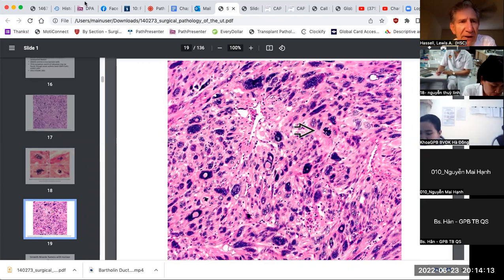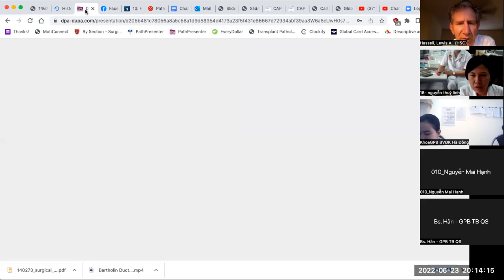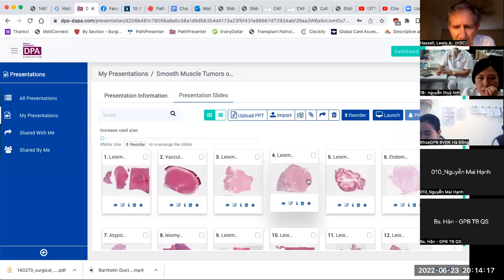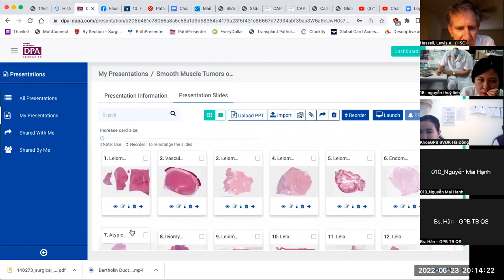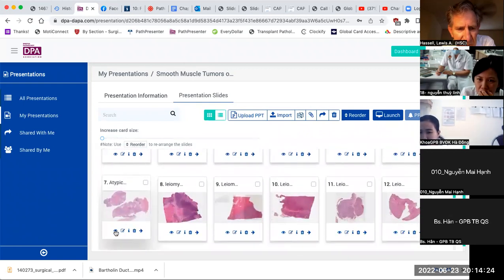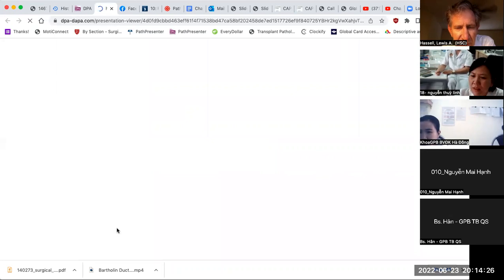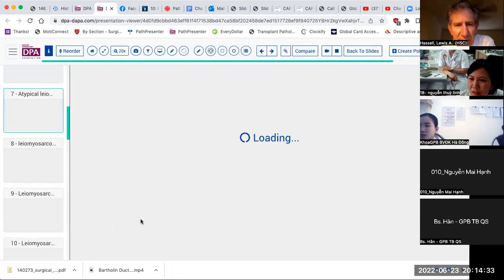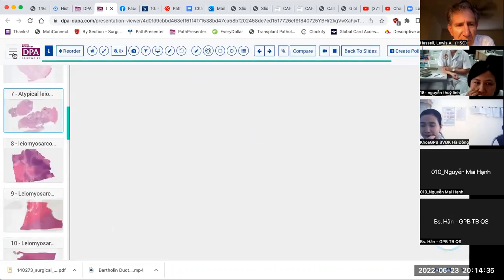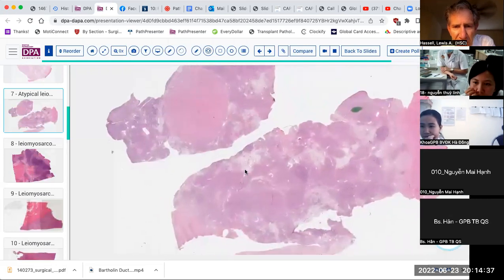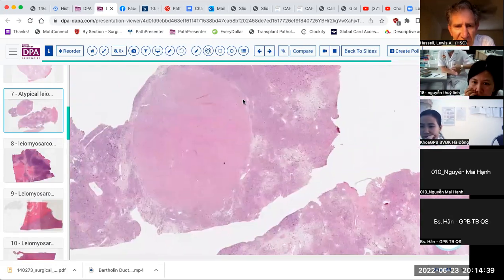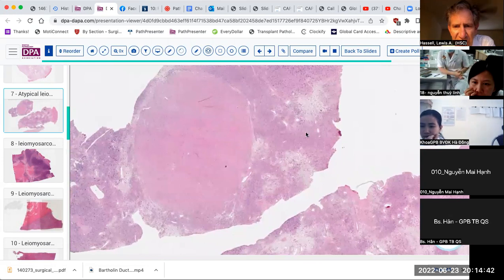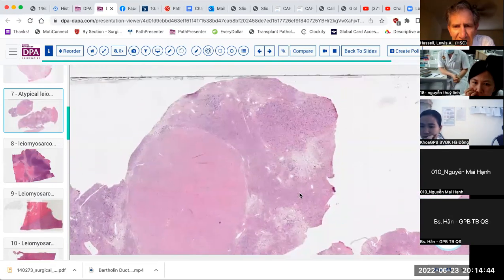Now, I do have a digital slide here as well of one of these, which I'll show you here. This one up here. So here you see there's kind of a variable nature to this lesion, some cellular, some less cellular areas.